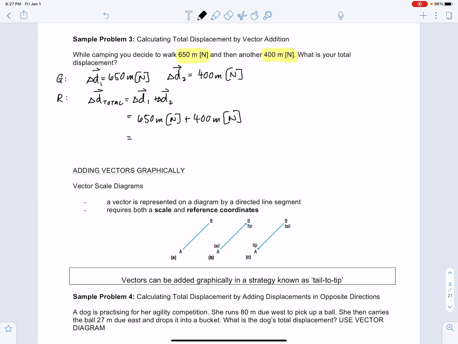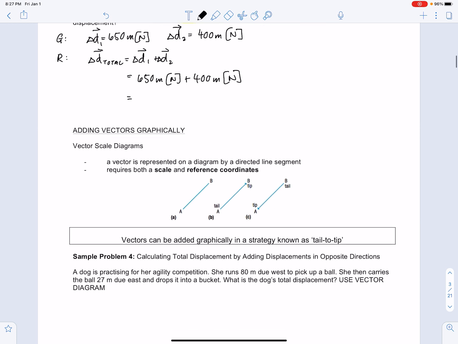Yes, they are. So let's proceed algebraically. Just add these up as you would regular numbers. We end up with 1050 meters north. Therefore, our displacement is 1050 meters north. Okay.